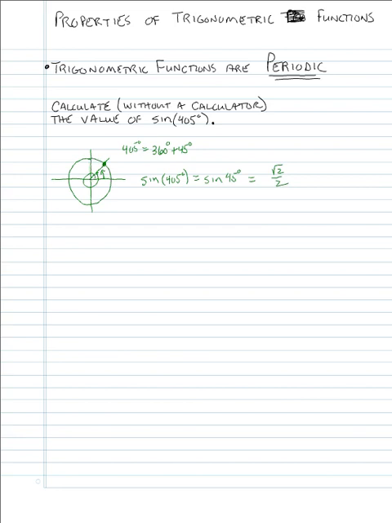The fact that the sine function is periodic means that every time we make one revolution of the unit circle with our angle, either in a positive or a negative way, the values start repeating themselves. So the sine of 405 degrees is the same as the sine of 45 degrees.